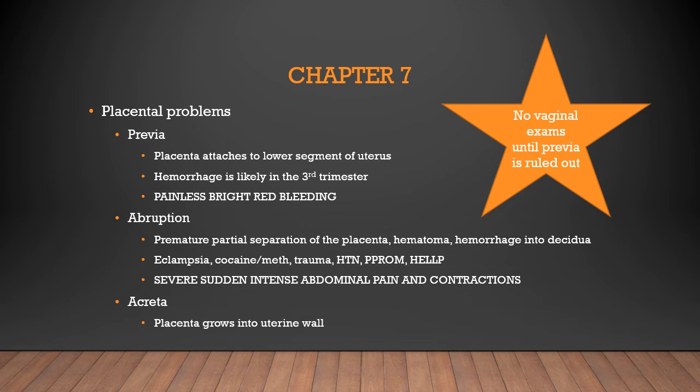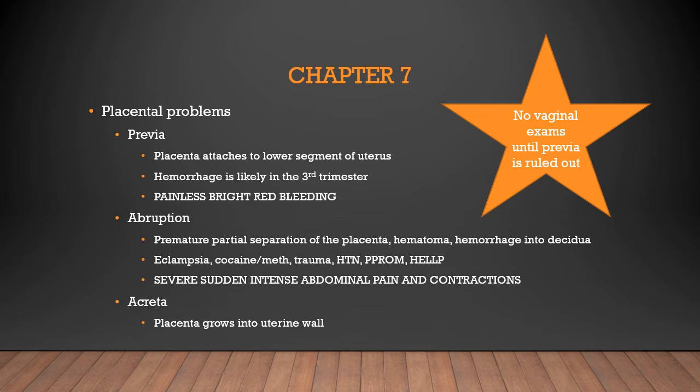Placenta increta, where the trophoblast extends into the myometrium, so it goes into the muscular wall, only in about 15% of cases. And then placenta percreta, where it extends through the uterine musculature and can adhere to other pelvic organs, and that's rare. That's only in about 5% of all of the cases.